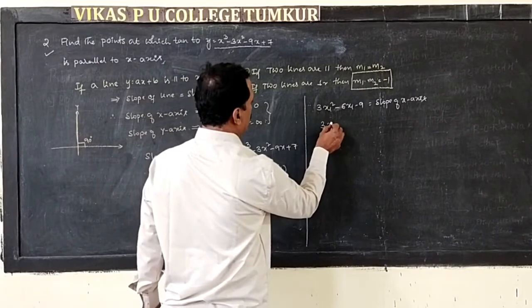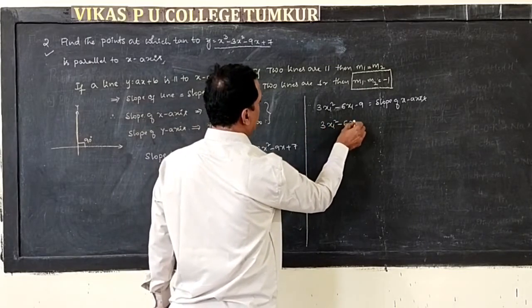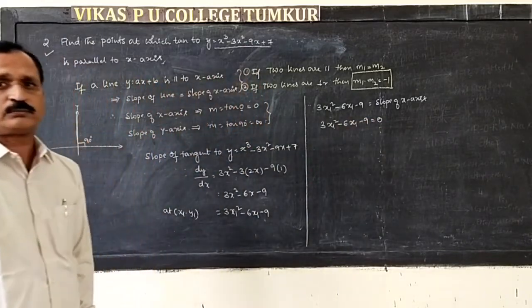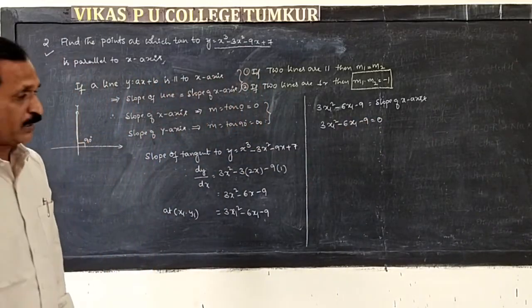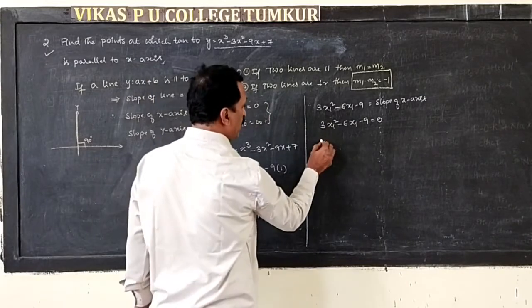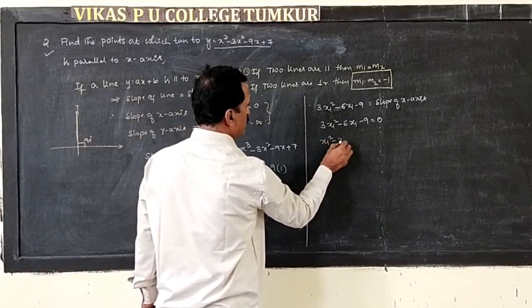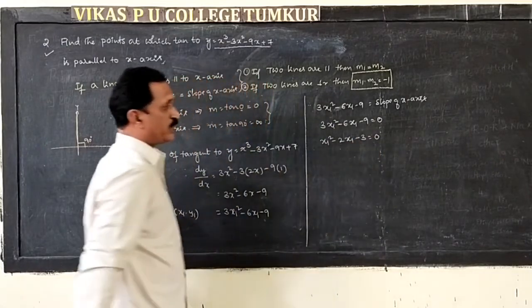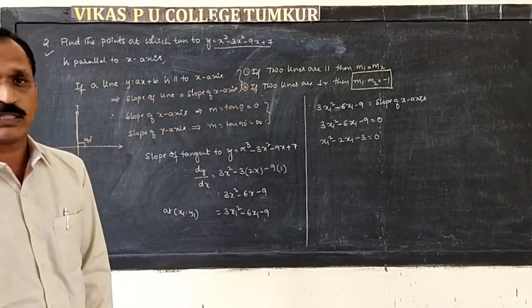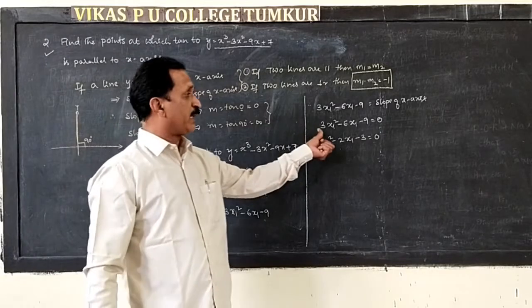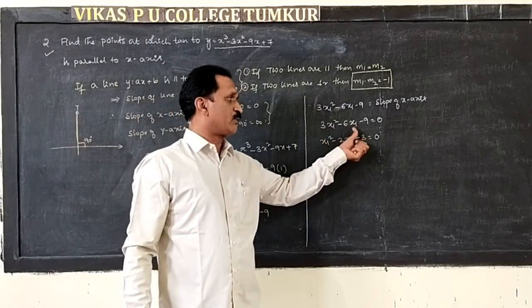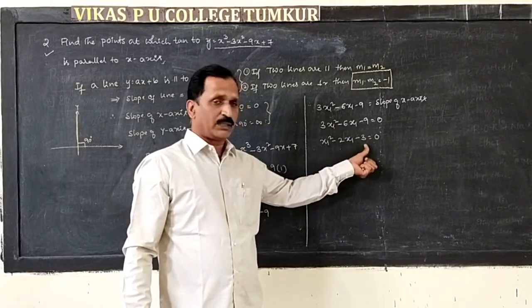Definitely 3x1 square minus 6x1 minus 9 should be equal to 0. Find the value of x1. If we divide the equation by 3, x1 square minus 2x1 minus 3 is equal to 0. I am dividing by 3: 3x1 square by 3, 6x1 by 3, 9 by 3.